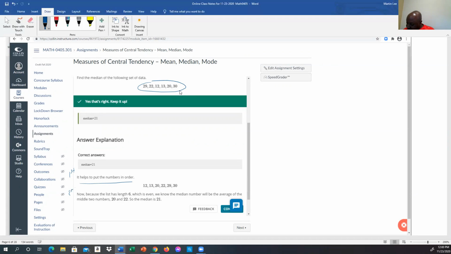And now the second thing is, because this has a length of 6, meaning 1, 2, 3, 4, 5, 6, you've got 6 numbers, the median is going to be the average of the 2 middle numbers.